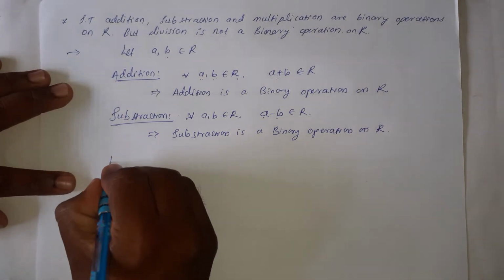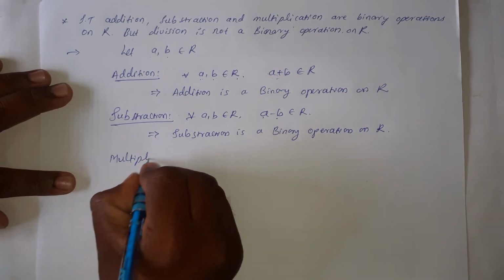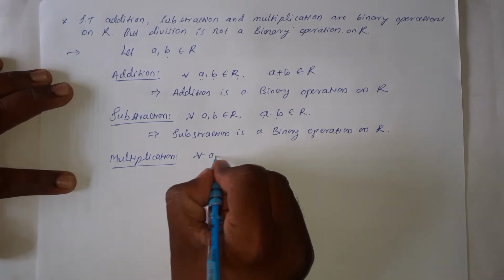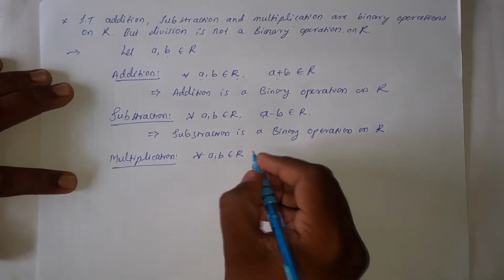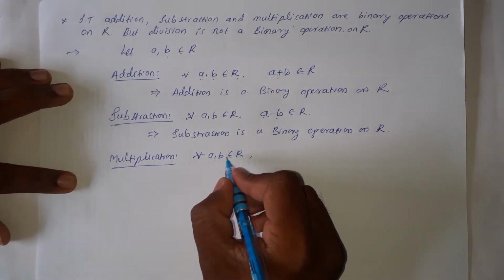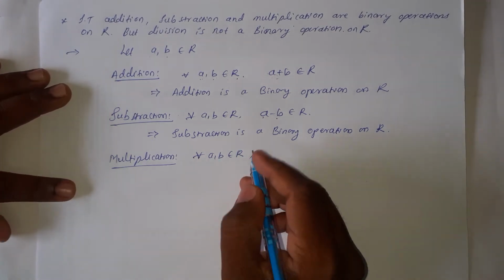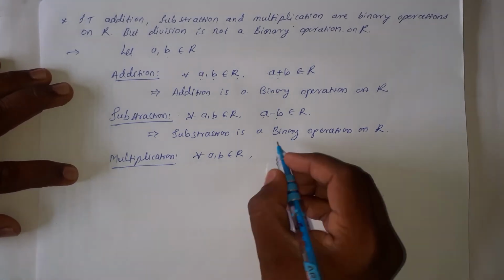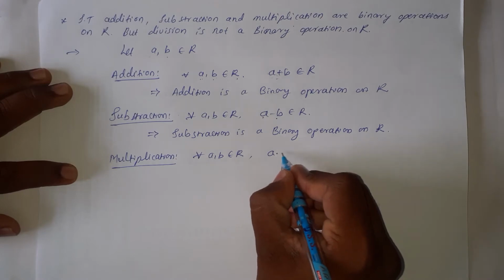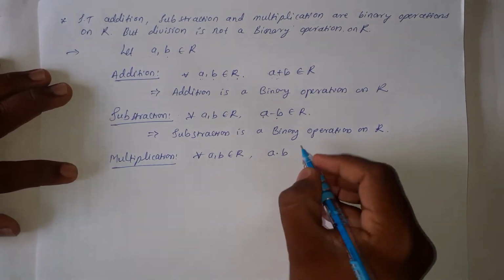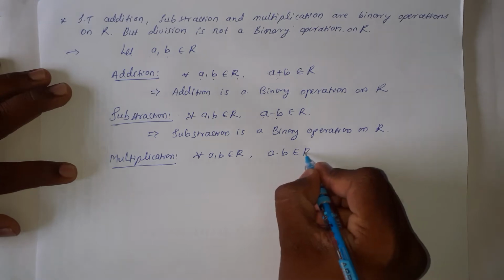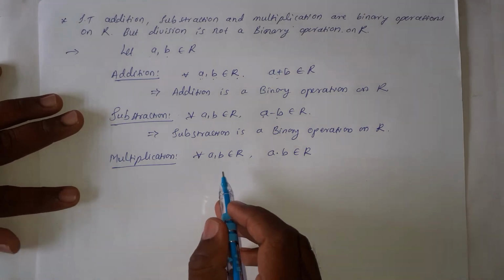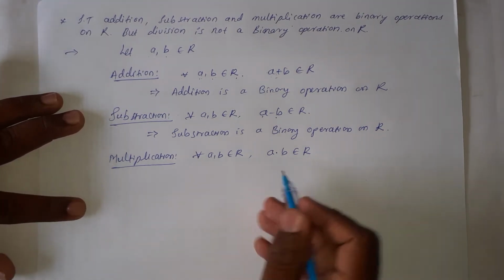Then the third operation is multiplication. For all a, b belongs to R, here a and b are any two real numbers, then after performing the binary operation, that is multiplication, it becomes a dot b or a into b. This product is also real, so it belongs to the set of real numbers, because the product of any two real numbers is again a real number.